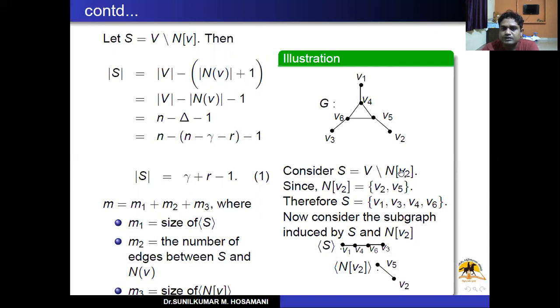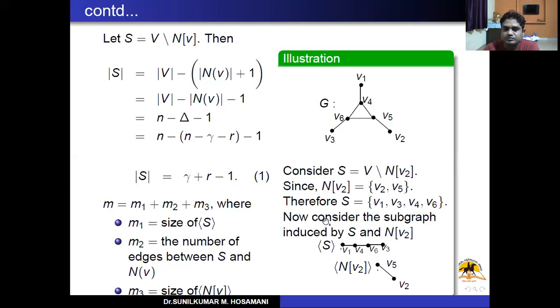So I am replacing the closed neighborhood of V by V2 and V5. Here V is the entire vertex set, that is V1 to V6, minus V2 and V5 will give me V1, V3, V4 and V6. So by using this vertex V2 I have constructed a set S, and the elements of that set are V1, V3, V4 and V6.